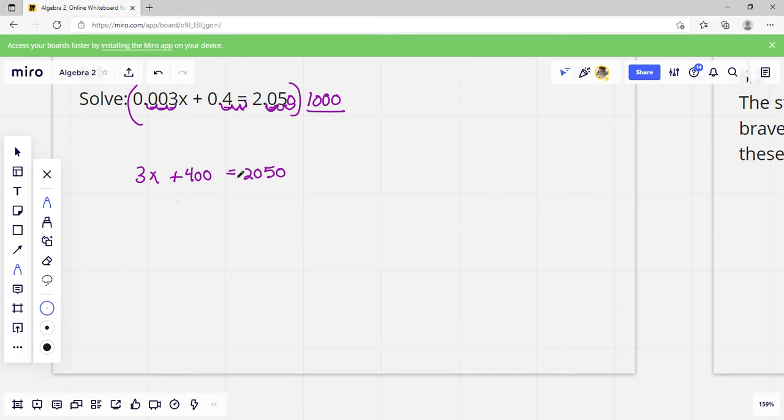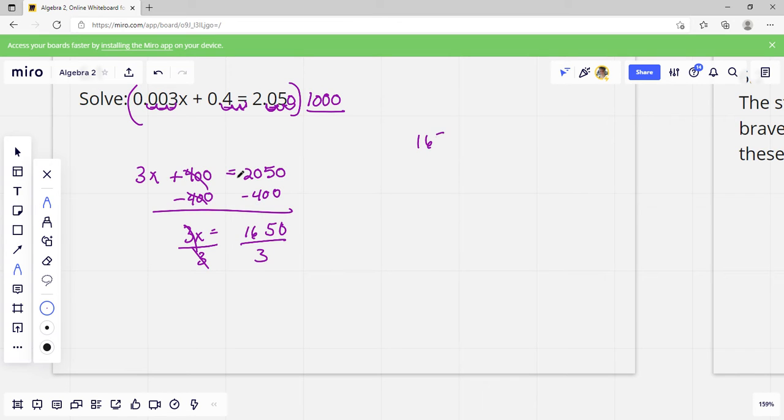Now this is a little easier to solve. I'm going to do minus 400. And I'm going to get 3x equals, let's see, 0, 5 minus 0 is 5, 1650. Then I'm going to divide by 3.